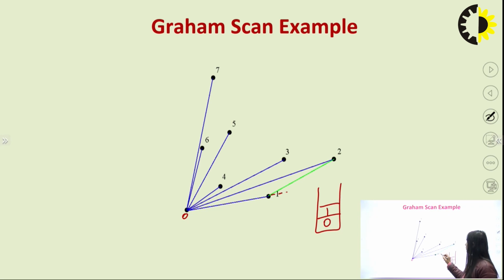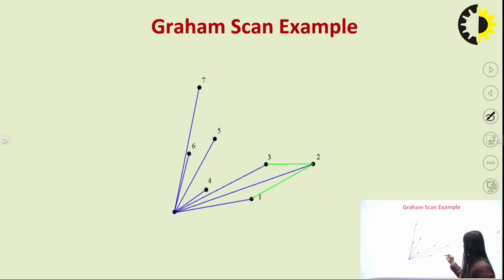If I extend this point, then this must be your right side and this must be your left side. If the point lies to the left side, then I push the point over here, 2. So I marked it with a green color, right? So according to the algorithm, I marked it from 1 to 2.